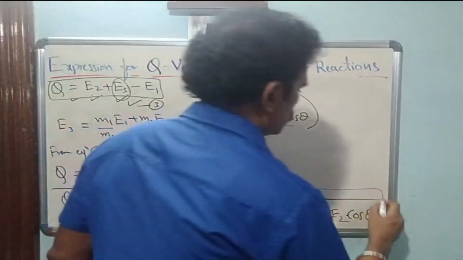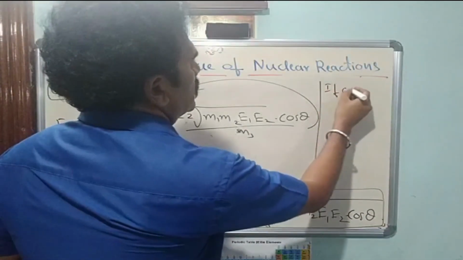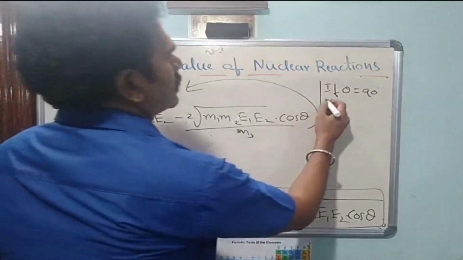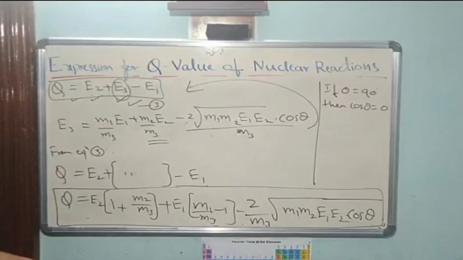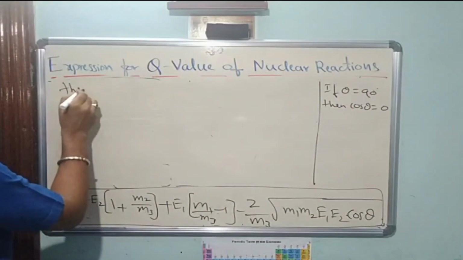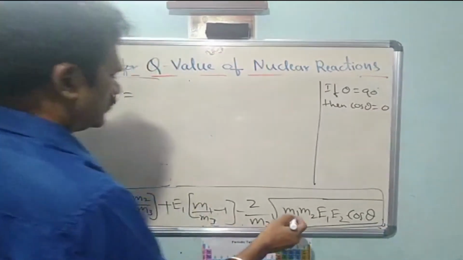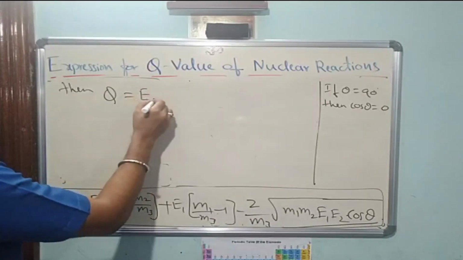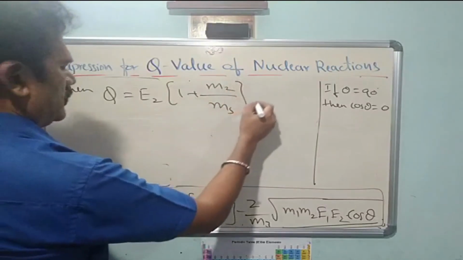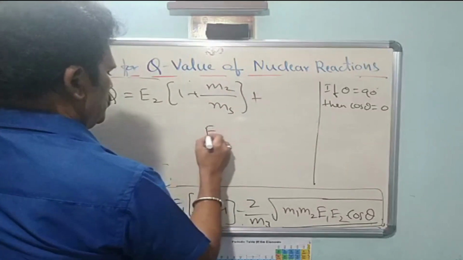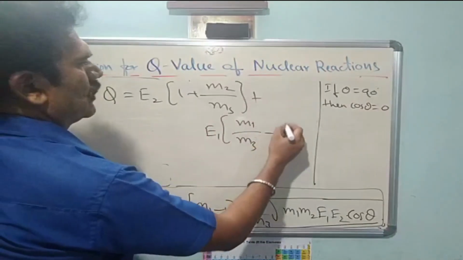Okay, so this is the equation for the value of Q in a nuclear reaction. Suppose theta is equal to 90 degrees, then cos 90 is equal to 0. Then Q is equal to E2 into 1 plus M2 by M3 plus E1 into M1 divided by M3 minus 1.